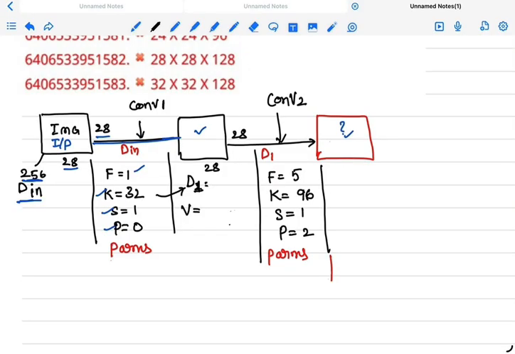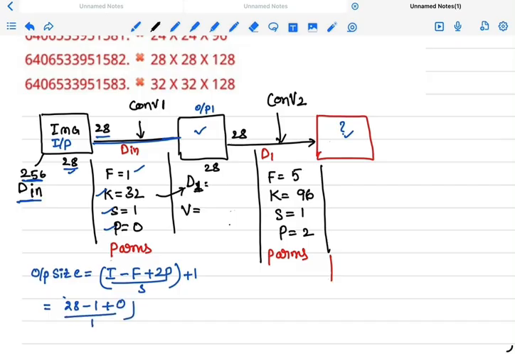First we have to solve the output of the first convolution layer. How to find the output size? The output size formula is input size minus filter size plus 2 times padding, divided by stride, plus 1. For this, the input size is 28 minus filter size 1 plus 2 times padding 0, divided by stride 1, plus 1.